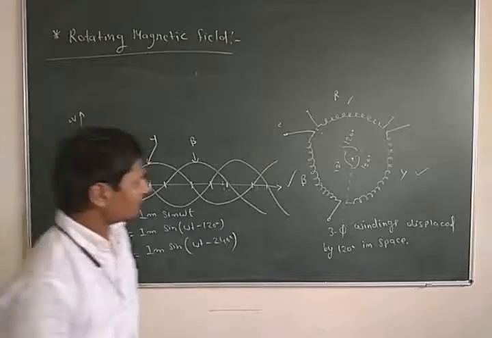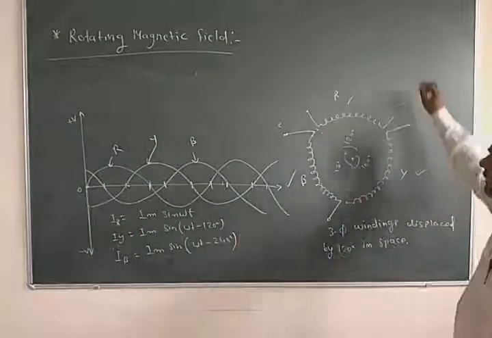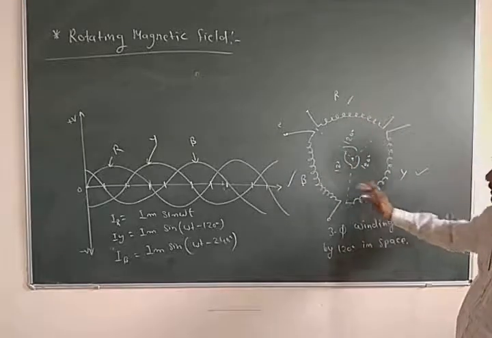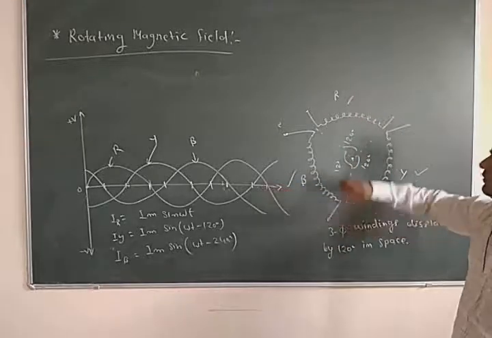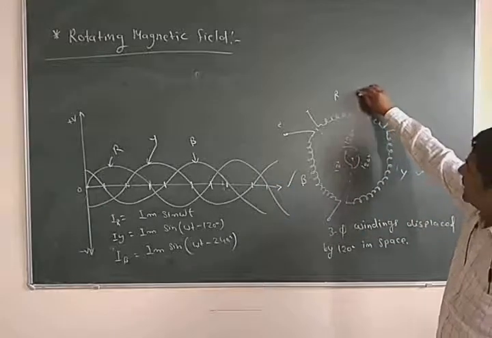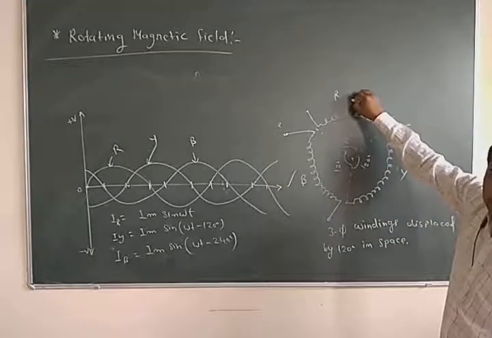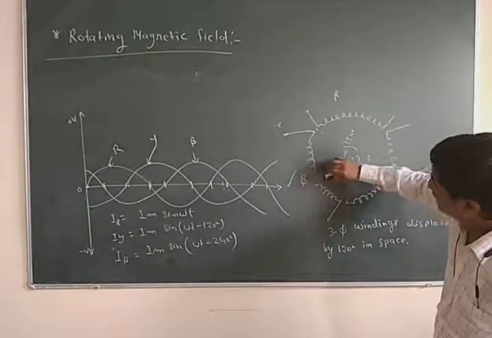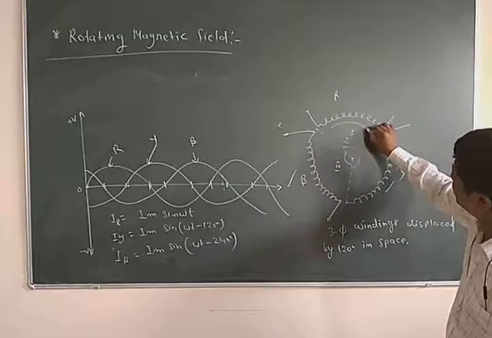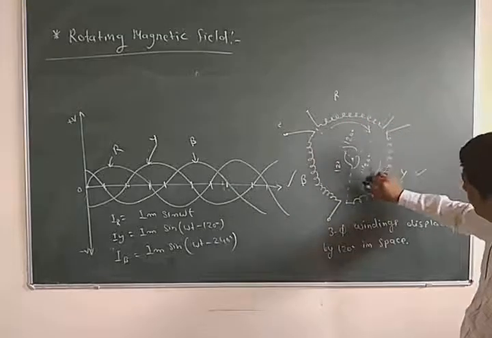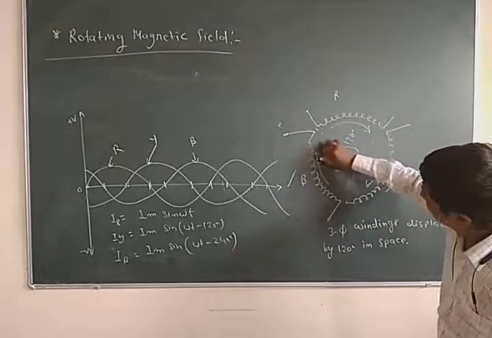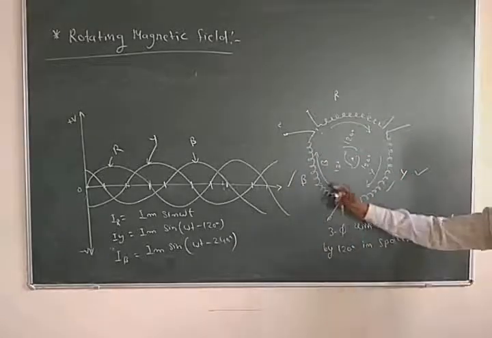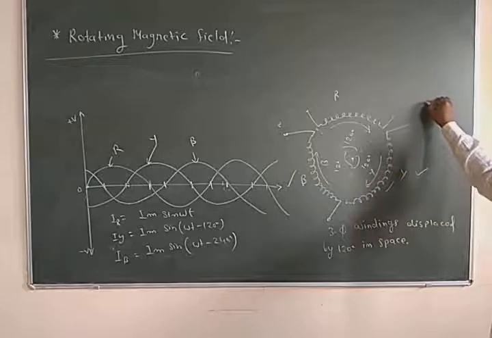It means when three-phase winding is connected with three-phase supply, first the magnetic field is developed in R phase, after that in Y phase, and then B phase. So this sequence of magnetic field in winding is RYB.